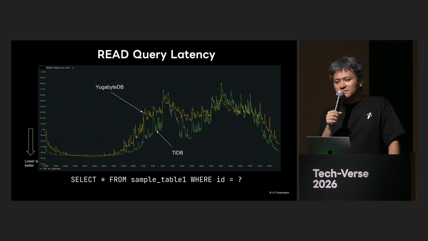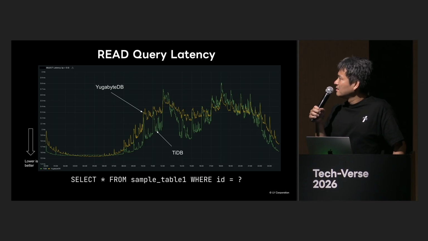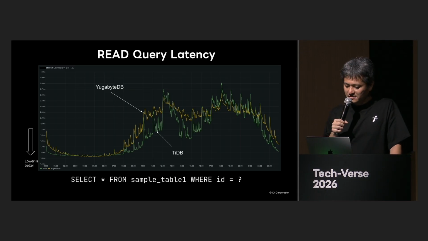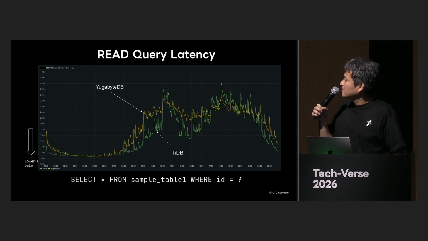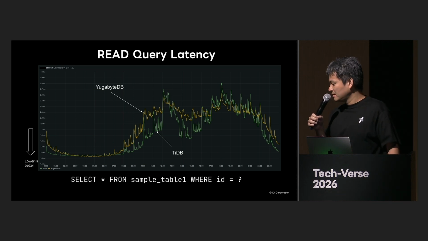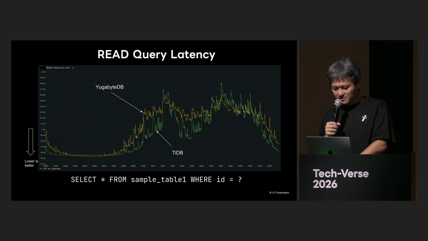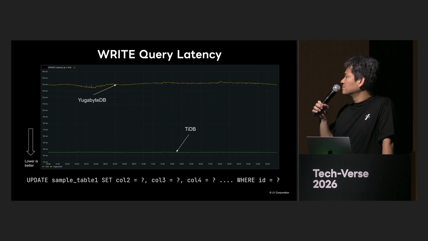Let's quickly look at the performance graphs. This is a production environment. This is the query latency, assuming a certain production environment. Since it's latency, the lower part of the graph is better. If you look at this, the query is very simple, and both TiKV and YugabyteDB are responding in around 2 milliseconds, so there isn't much difference here.